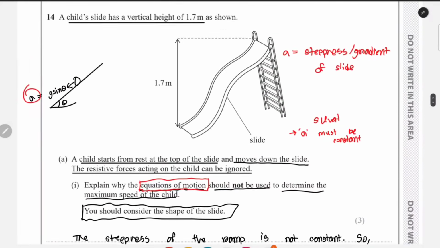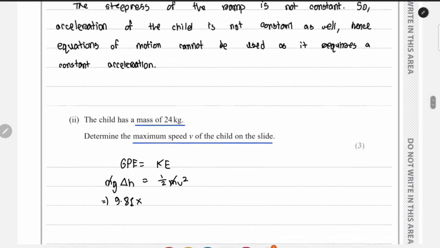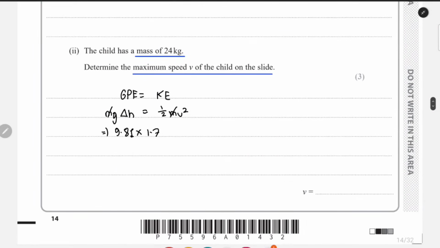The gravitational potential energy at the top is mg delta h equals half mv squared. The masses cancel out, so we'll have 9.81 into delta h, which is 1.7 meters, equals half into Vmax squared.